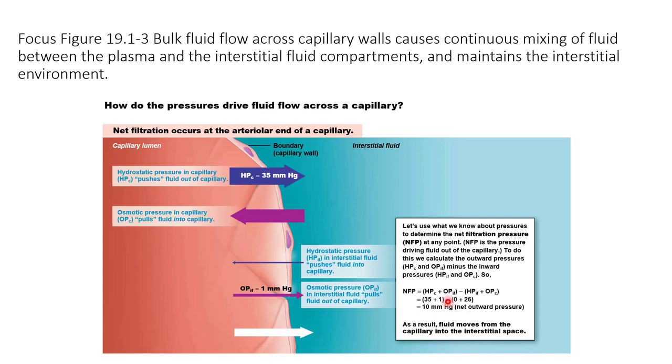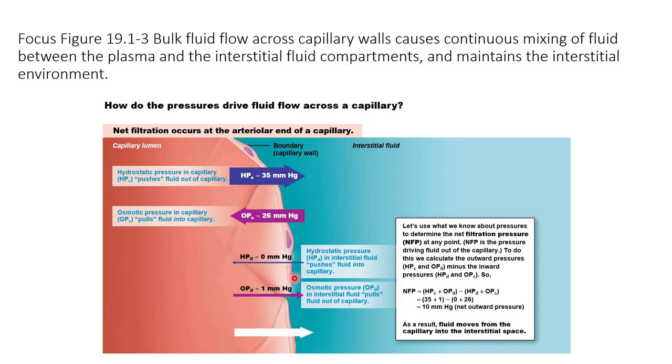You add both of them because they're doing the same thing: 35 plus 1 millimeters of mercury. Then you subtract the total of the osmotic pressure in the capillary, which is doing the reverse. That's why you subtract it, because it's doing the opposite. The osmotic pressure in the capillary pulls fluid back into the capillary and is equivalent to 26 millimeters of mercury.